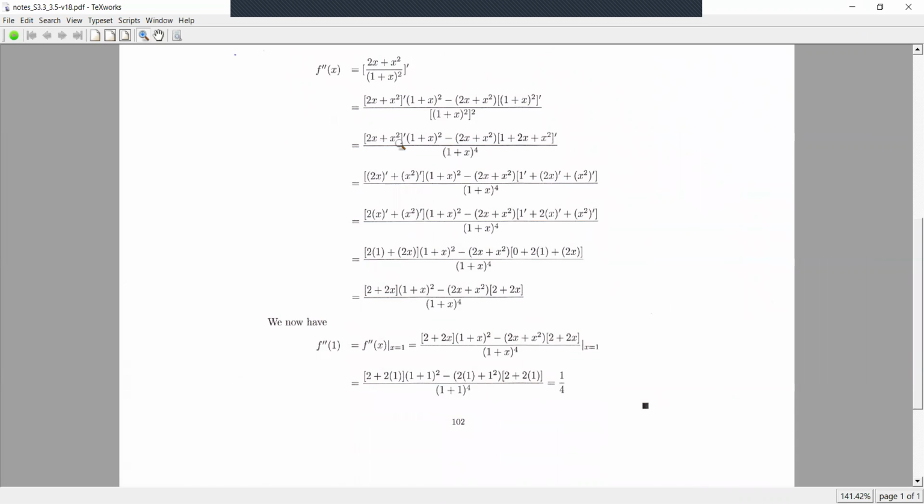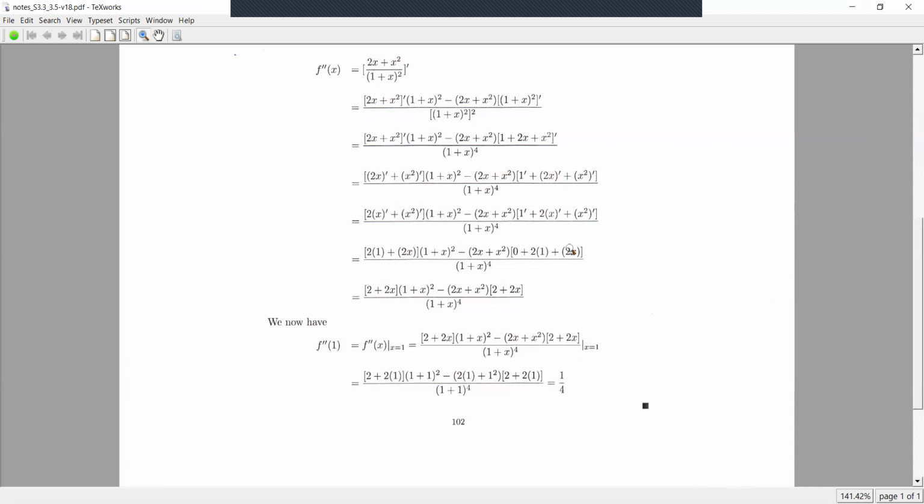Apply the summation rule here and here, then we have this equation. Move out the constant, then we have this equation. Derivative of x is 1. Derivative of x squared is 2x. Derivative of 1 is 0. And derivative of x is 1.